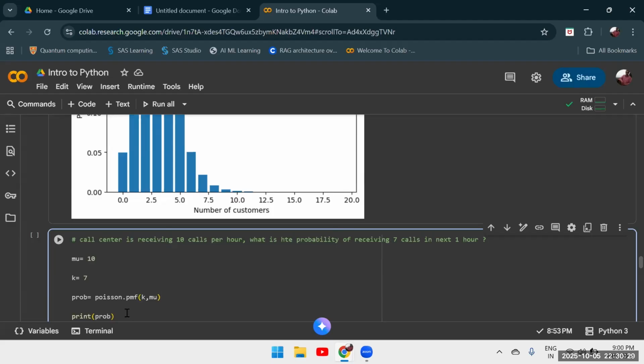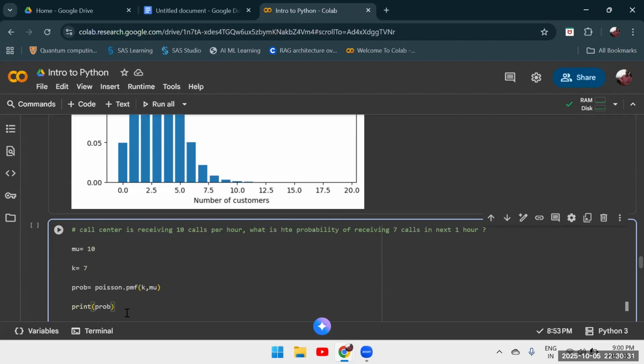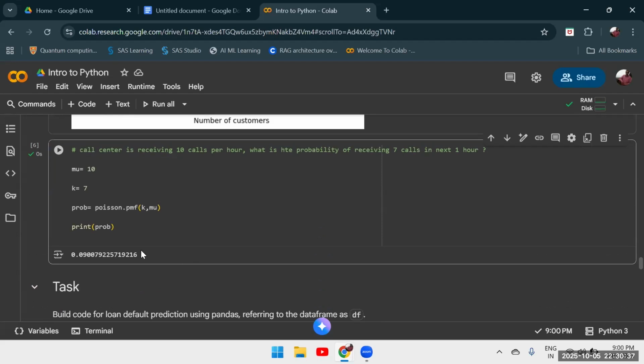And you see here, if I'm going to predict the probability alone for this, how much is it? The probability is 0.09, which is 9%. So your probability of getting 7 calls in the next 1 hour is going to be 9%. This is what is represented there in the graph also.